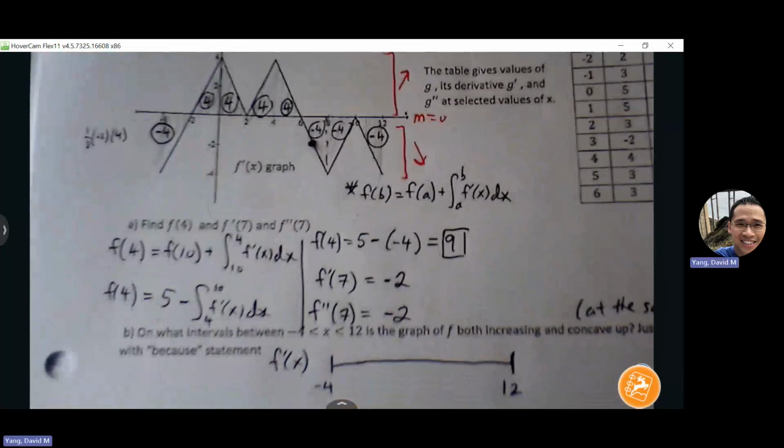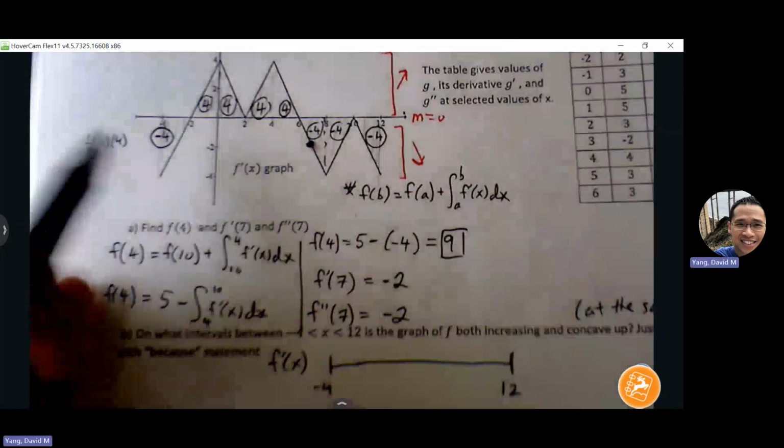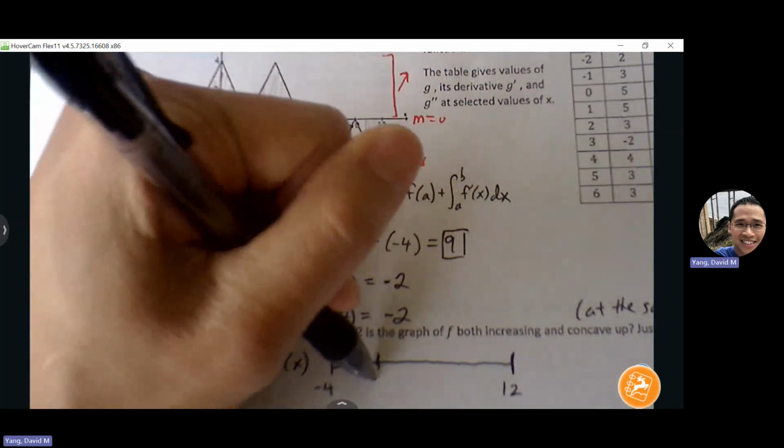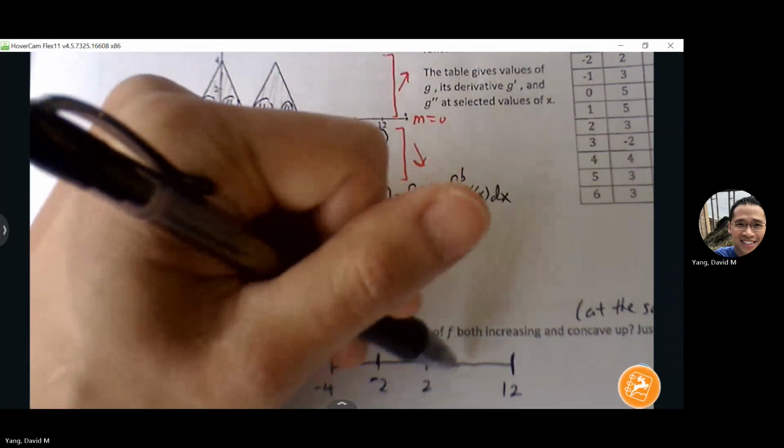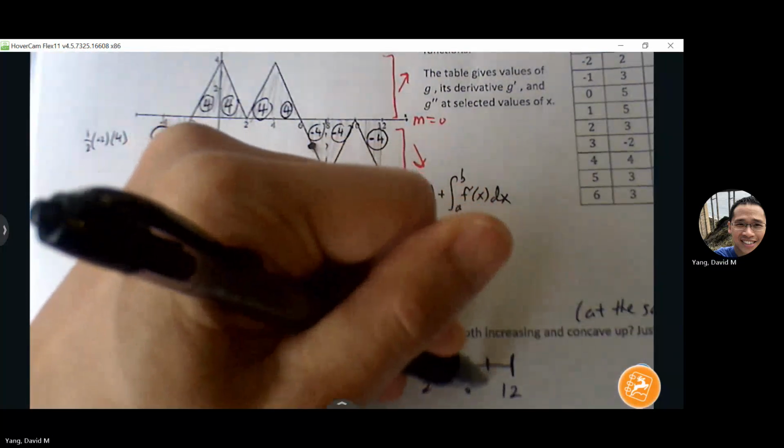Okay, what critical points can I place onto my slope sign line? X-intercepts, right? So negative 2, where else? Any more? 10.